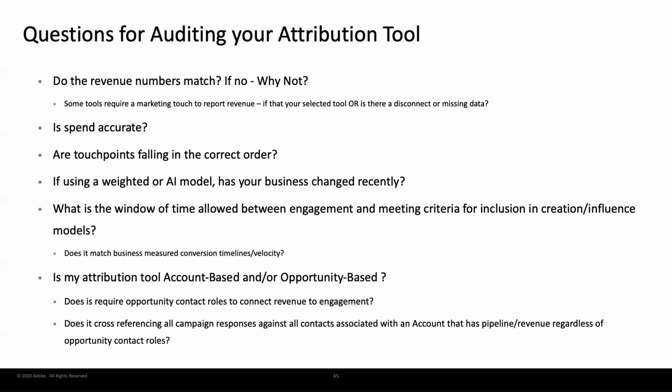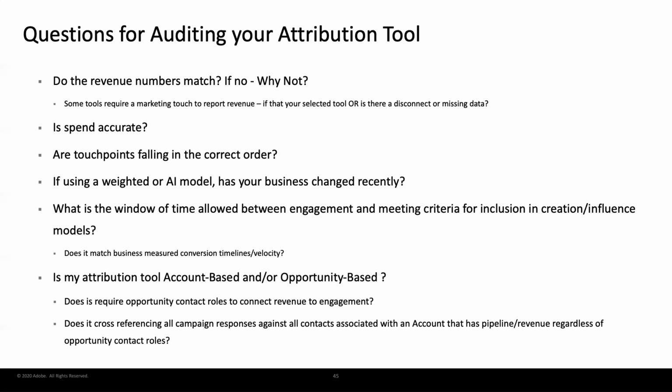Account-based models do not require contact role, opportunity-based ones do. And depending on how your sales force is structured, how many contacts you have on an account, if you're selling into different parts of the same business and they're all on one entity inside of Salesforce, one or the other may work or not work for you. So, things to think about.